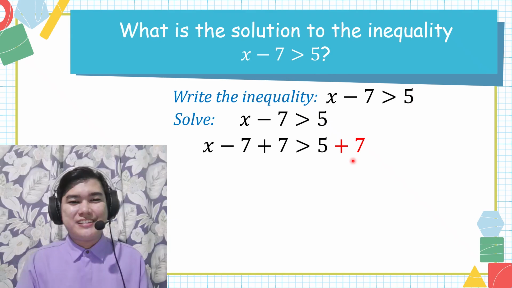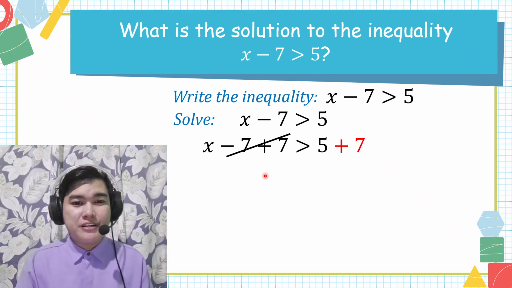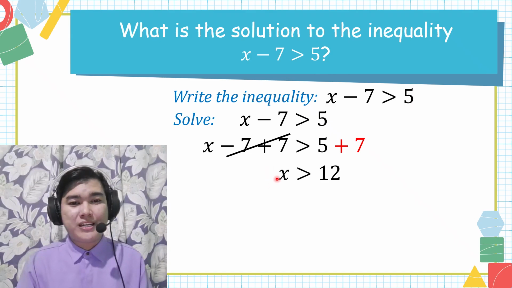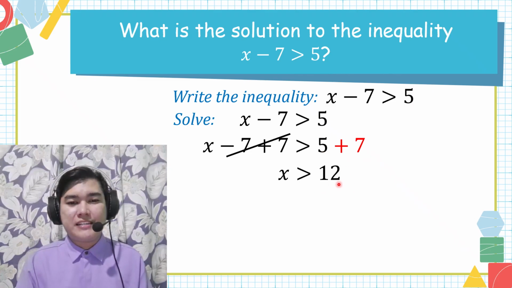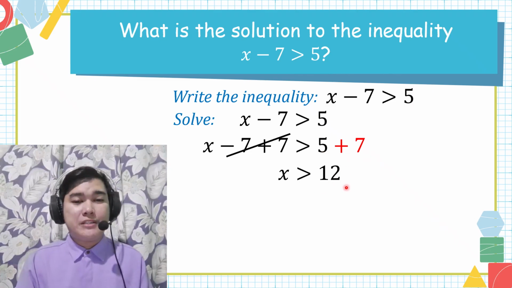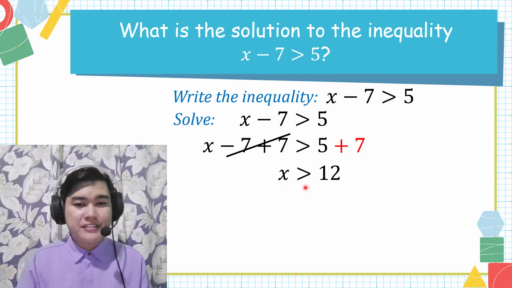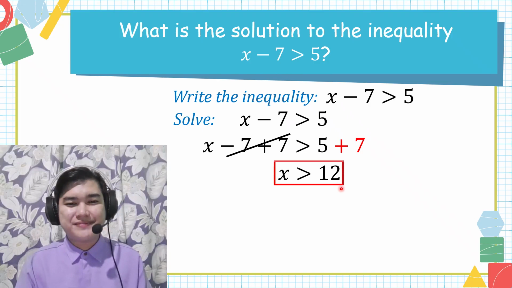All right. So after using that, negative 7 plus 7 is equivalent to 0. The remaining term in the left side of inequality is x. And on the other side, we have 5 plus 7, and that is equal to 12. Meaning to say, x is greater than 12. The value of x is greater than 12.